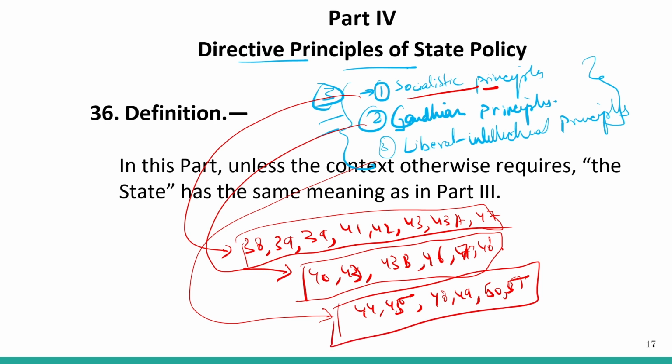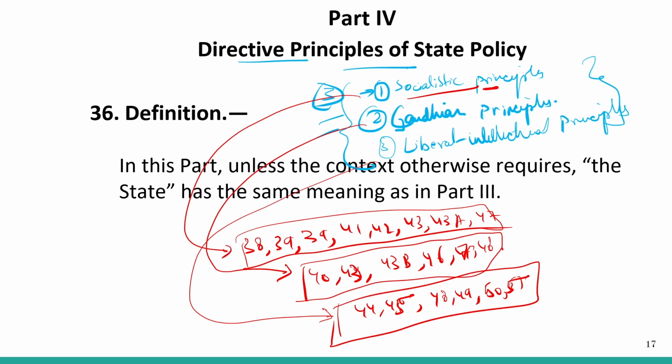Now, how will you tackle a question regarding these principles? Obviously, they are not going to ask you what socialistic, Gandhian and liberal principles are. But there can be a paragraph mentioning that the directive principles of state policy are based on different principles, be it socialistic, Gandhian, or liberal intellectual.